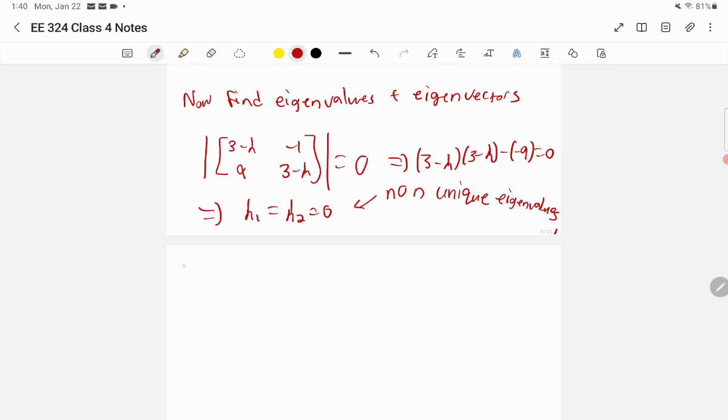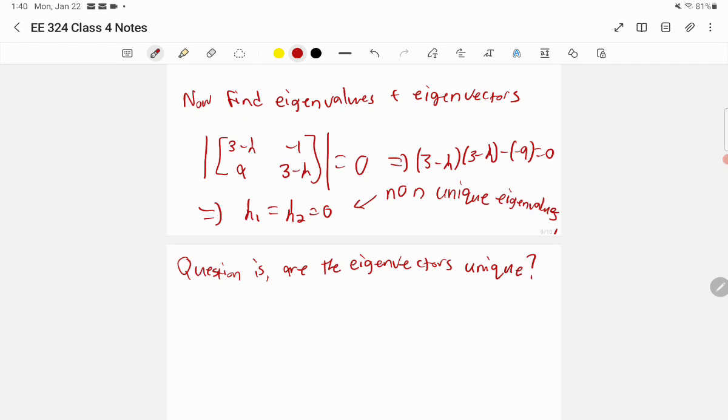So the question is, are the eigenvectors unique? So let's find out.